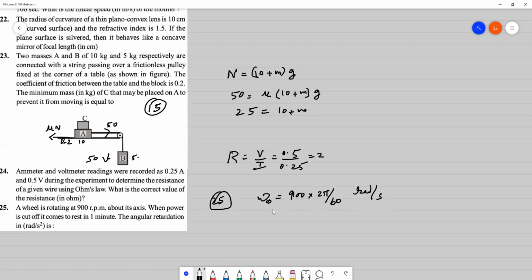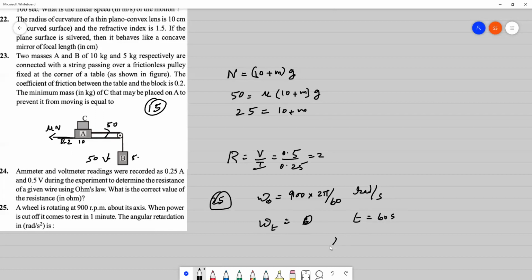If the power cuts off, it comes to rest in 1 minute. So omega final, after time t of 1 minute, that is 60 seconds, is 0.